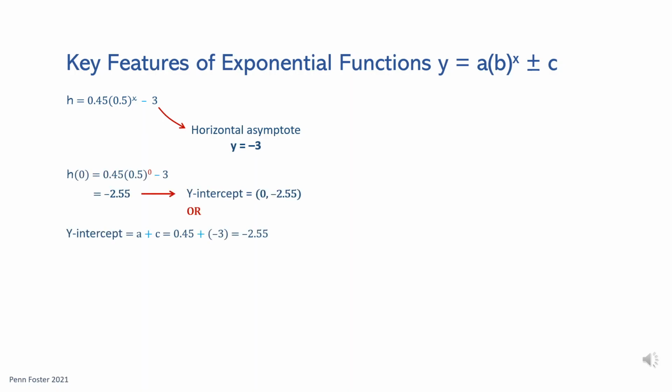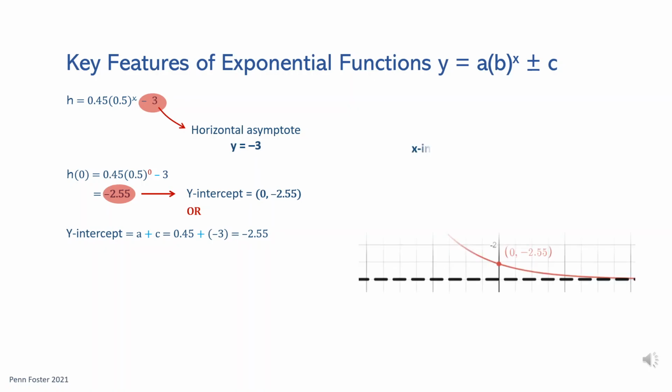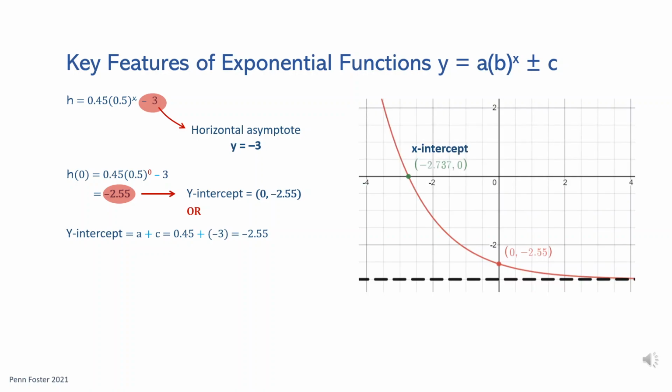Now compare the y-intercept -2.55 to c, which is -3. Obviously, the asymptote line is below the x-axis, and the y-intercept point is right above the asymptote but below the x-axis. This means that this function surely intersects the x-axis.